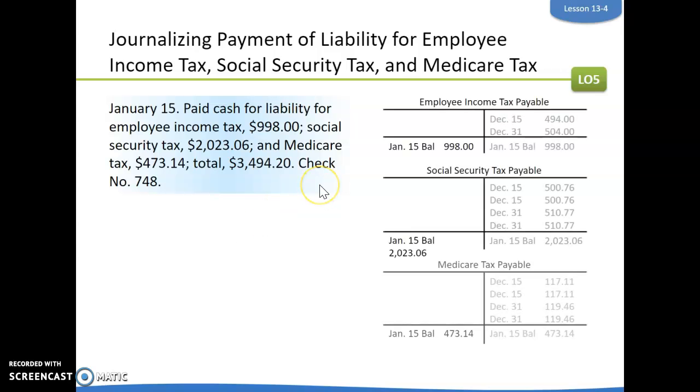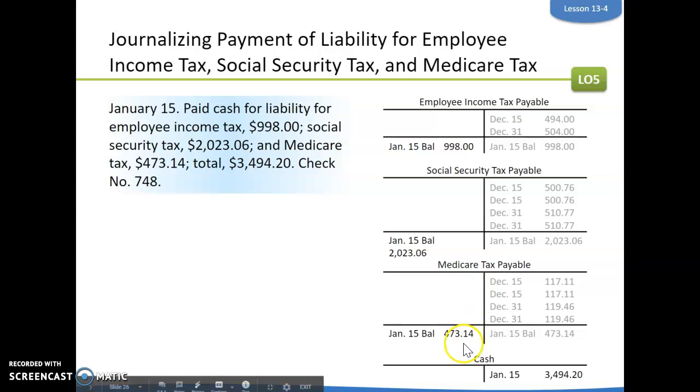So if we think about it in T accounts, we have our employee income tax payable with a debit of $998, our Social Security tax payable, a debit of $2,023.06, and these should be balancing out. They should be equaling out to zero. Here, Medicare tax payable, $473.14, and then cash, because we are paying out cash, it is a credit of the total of these three accounts of $3,494.20.